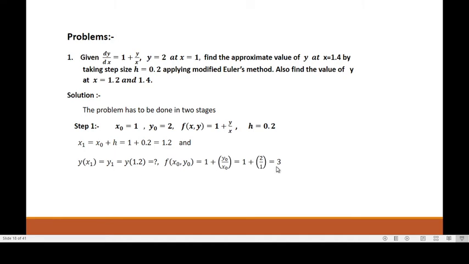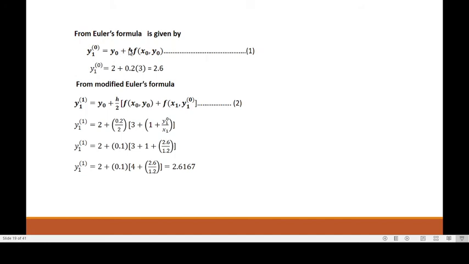Next substitute all these in Euler's formula, you will get y1 of 0, that is the initial value for y1. y1 of 0 is equal to y0 plus h into f of x0 comma y naught. Already we have calculated f of x naught comma y naught equal to 3, y naught is 2, and the step size is 0.2, so you will get 2.6.